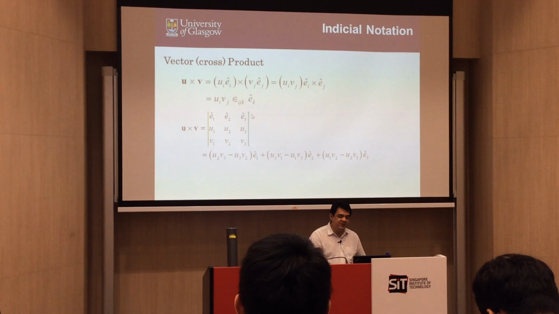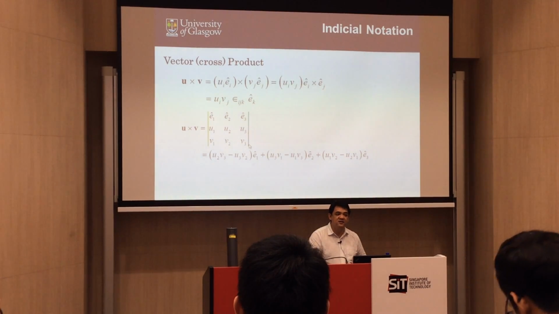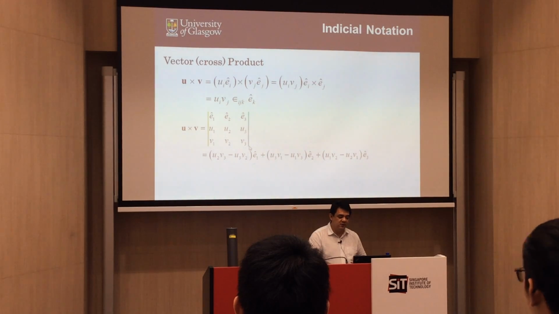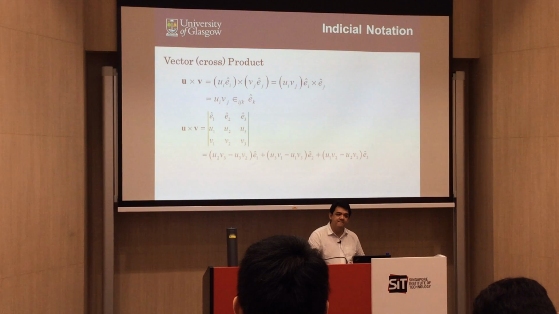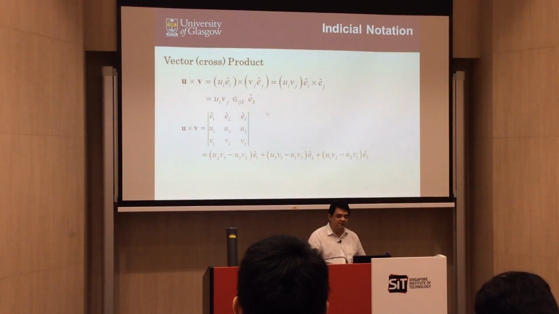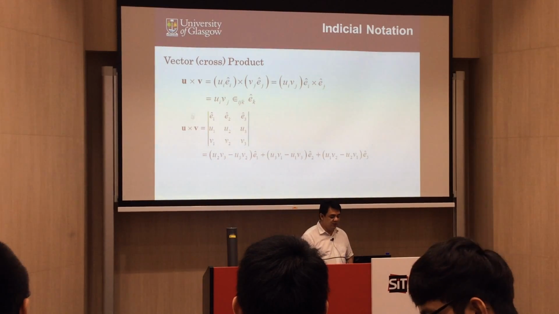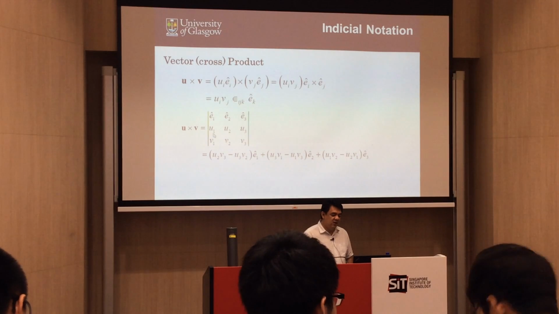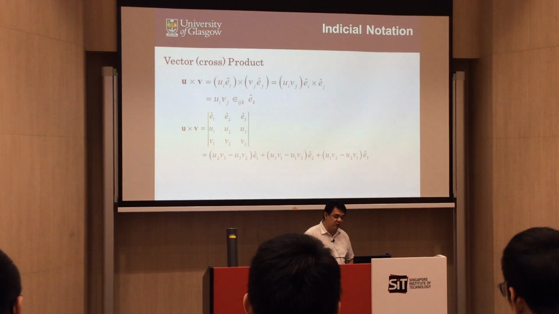So if you want to represent it in a matrix form, this is how a vector product looks like. Okay? Vector product, if you multiply two vectors, that is the determinant of this matrix. So U multiplied by V, assuming that it goes from 1 to 3.